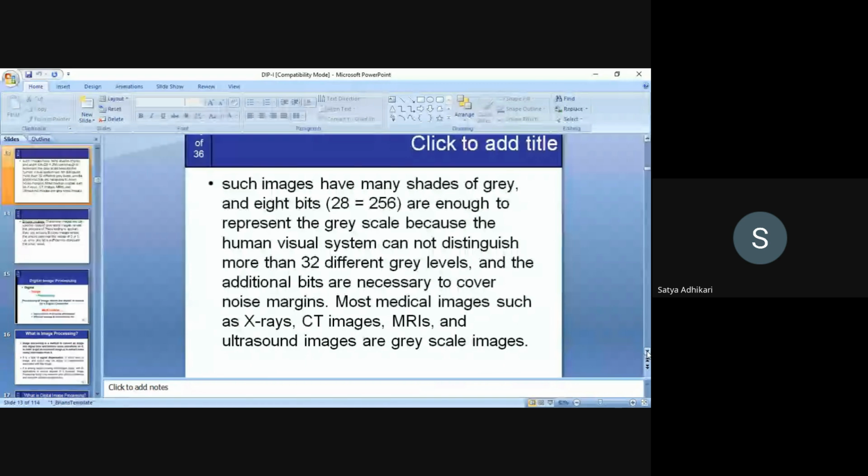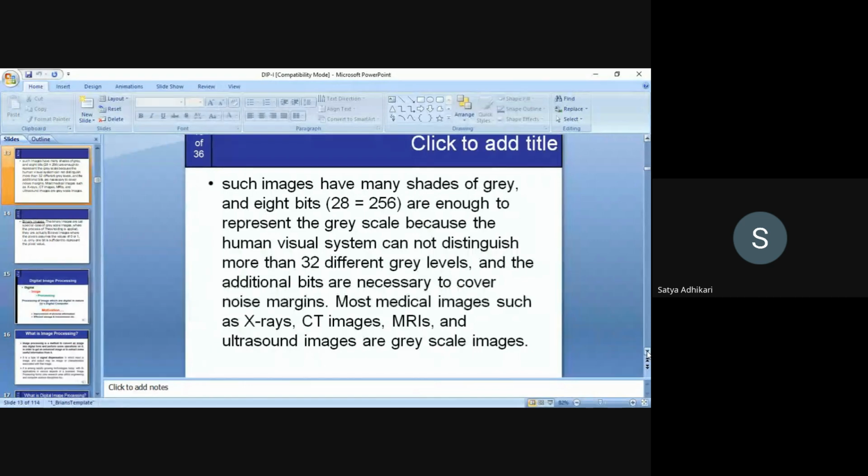You may mark that in some portions the black color is more, deeply black, and in some it is lightly black, so there are different gray level values.